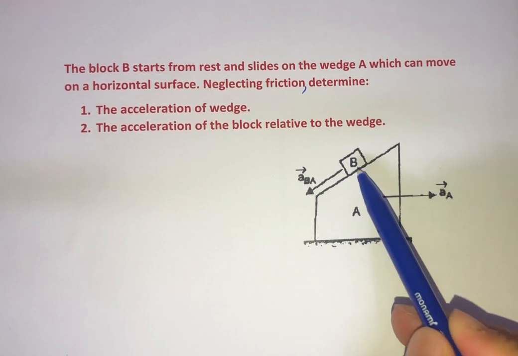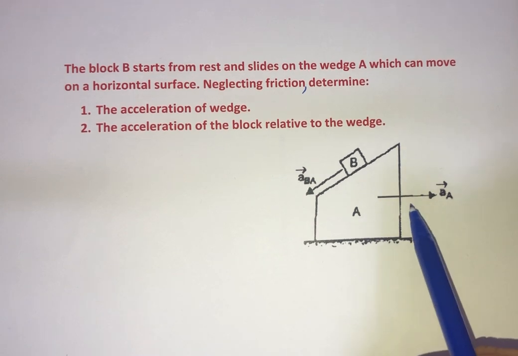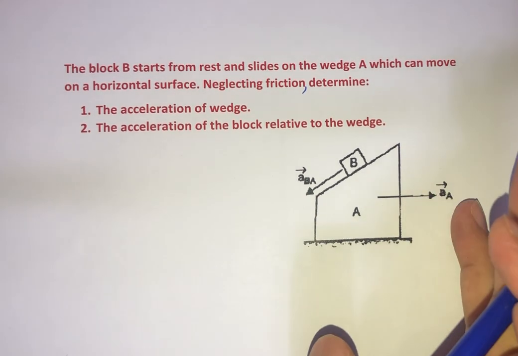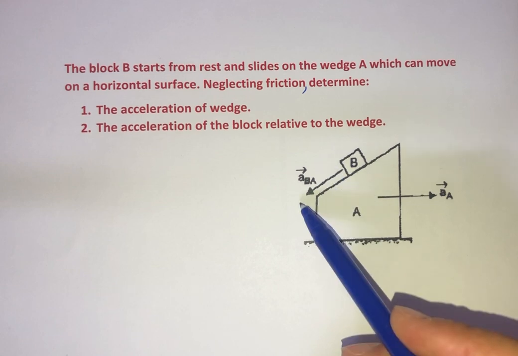So this is the basic figure that is given. This is block A, this is block B, and let us suppose it moves to the right as the block slides down.